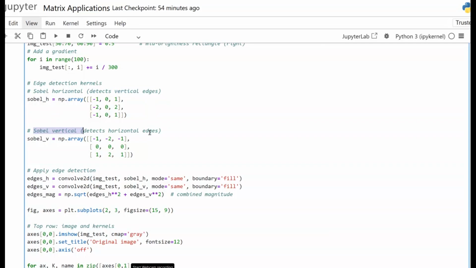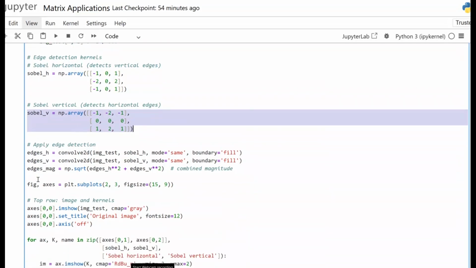Kindly don't get confused by this. It approximates dI by dy, and it responds only to top to bottom changes.